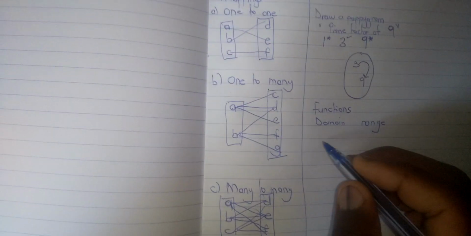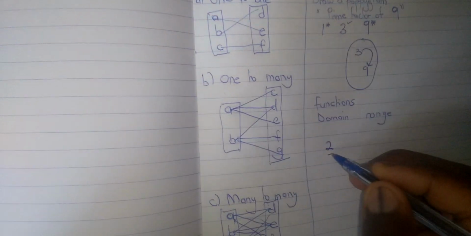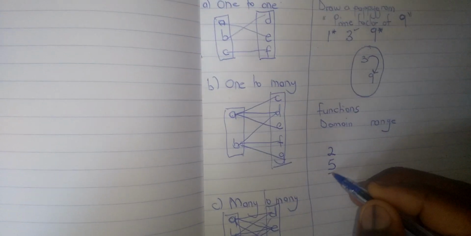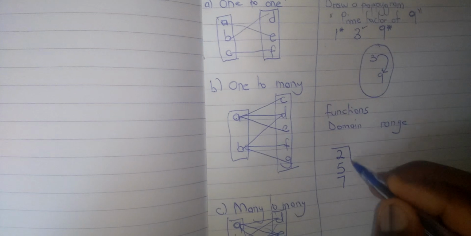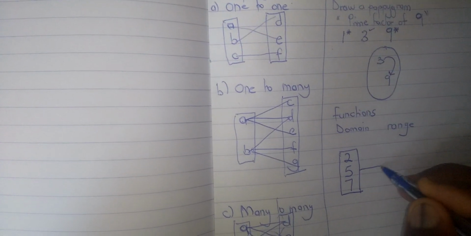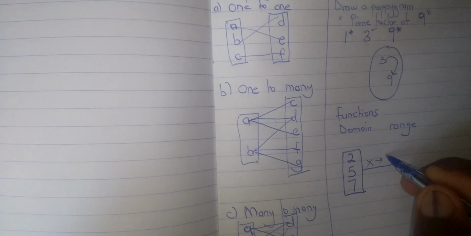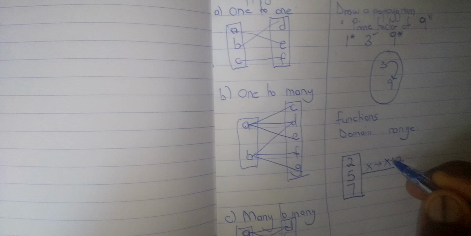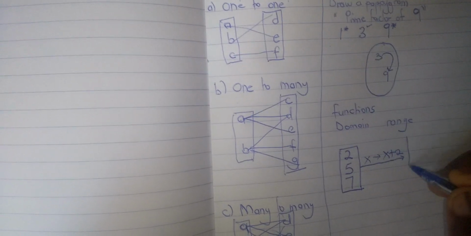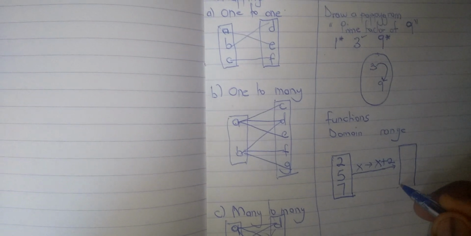For example, given this question, I have this in the domain, maybe I have 2, 5 and maybe 7 in my domain, and this is having a relation as x relating to give us maybe x plus 2. So we have to look for the objects which are in the range.